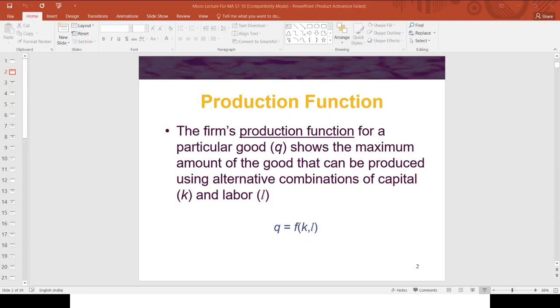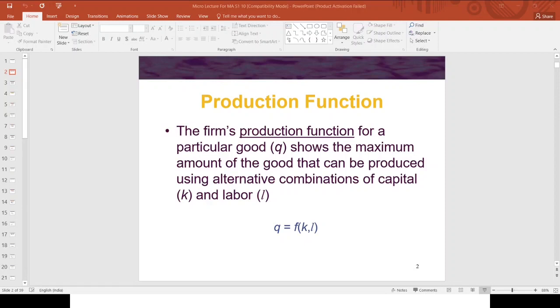If that is the case, then differentiating the production function with respect to time, we get dQ/dt = dA/dt times f(K, L) plus A times df(K, L)/dt.